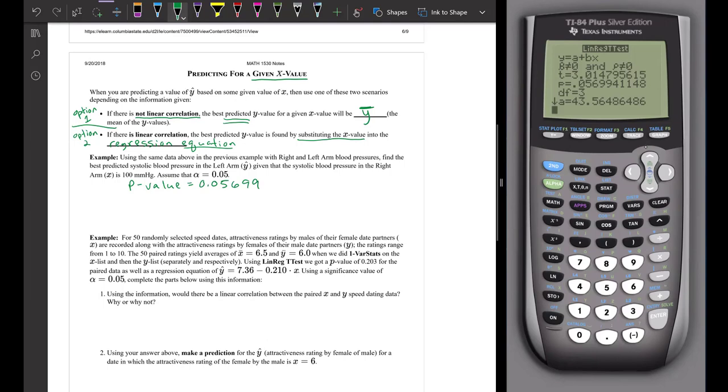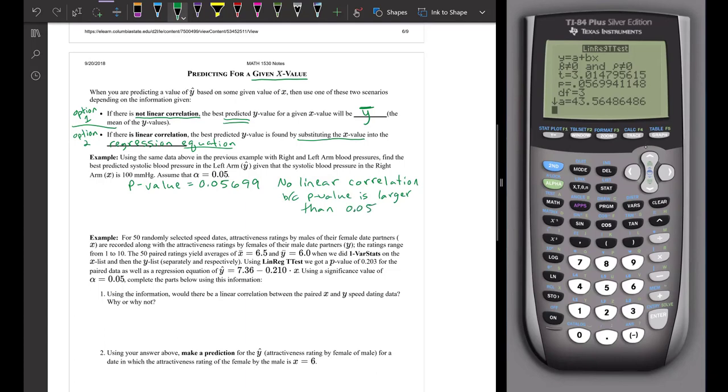So there is no linear correlation between the right arm and left arm blood pressures. Because you can say this if you want to, because the p-value is larger than 0.05.